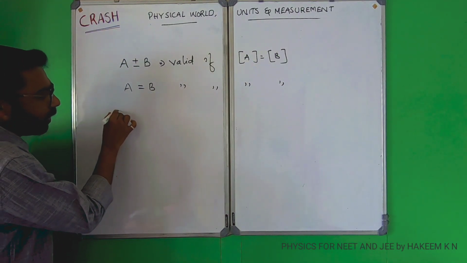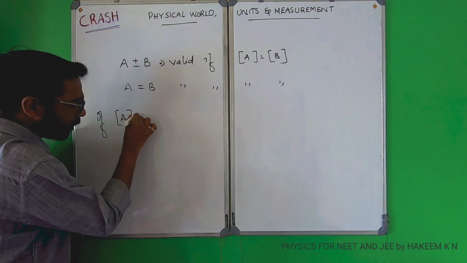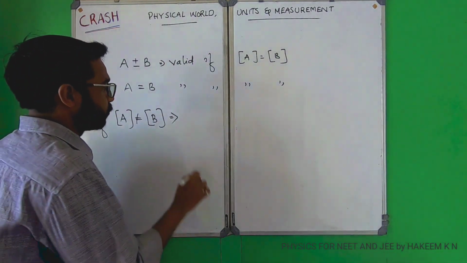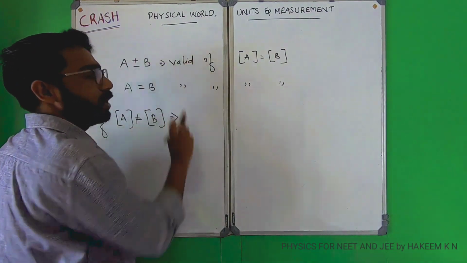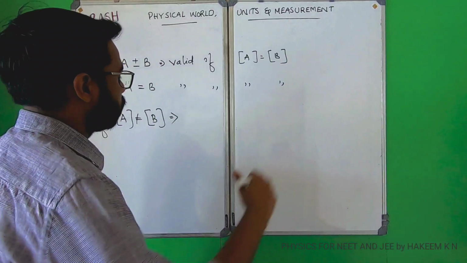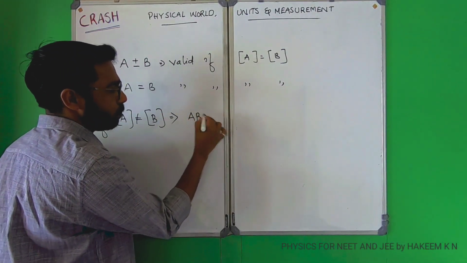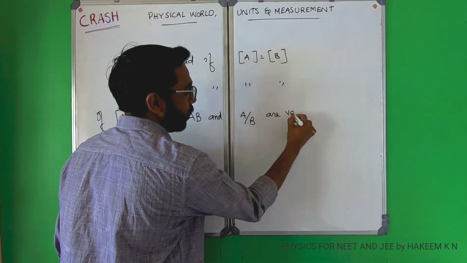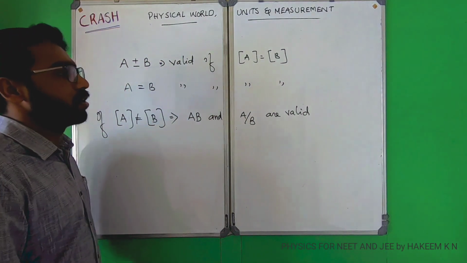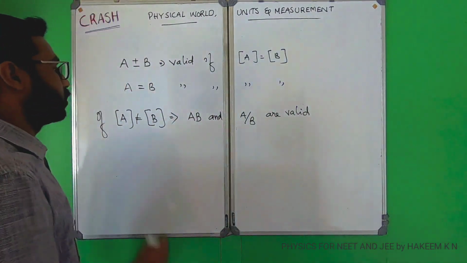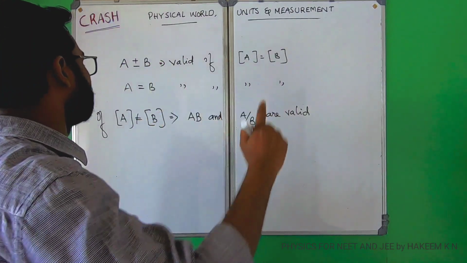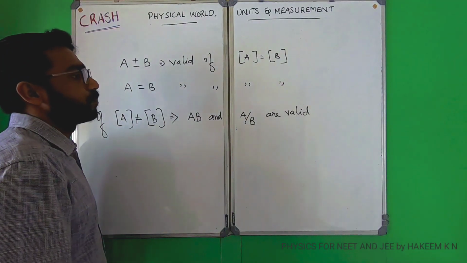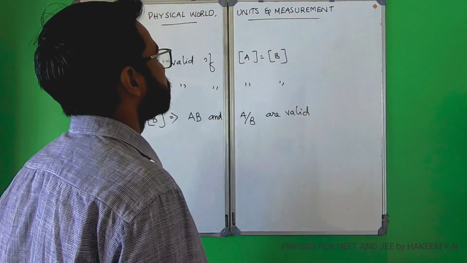If the dimension of A is not equal to the dimension of B, then A plus B, A minus B, A equal to B, etc. are not valid, but A into B and A by B divisions are valid. Multiplication and division are valid algebraic operations if the dimensional formulas of two quantities are unequal, according to the principle of homogeneity.